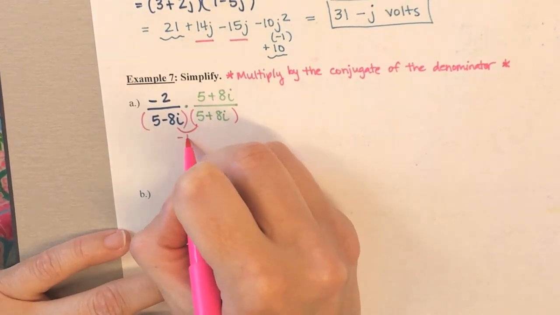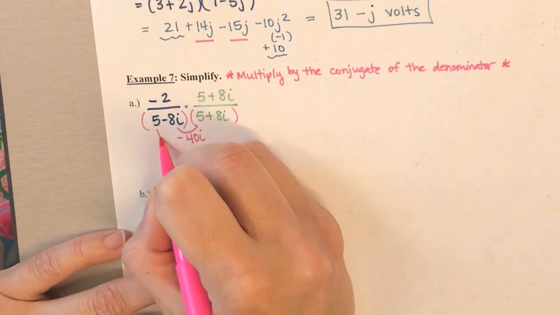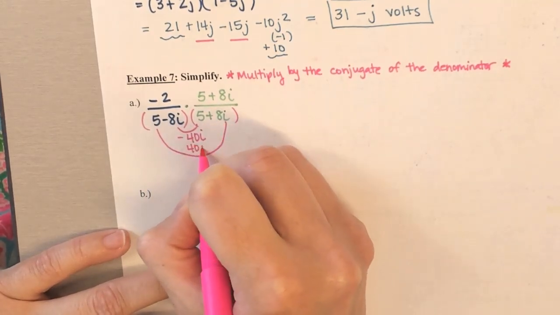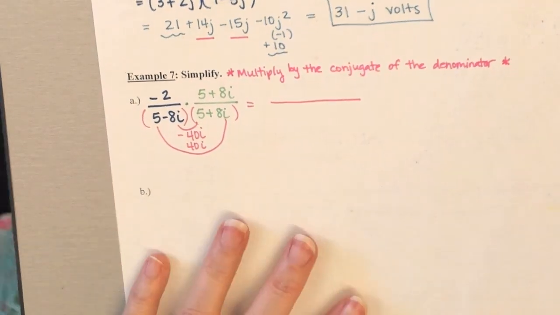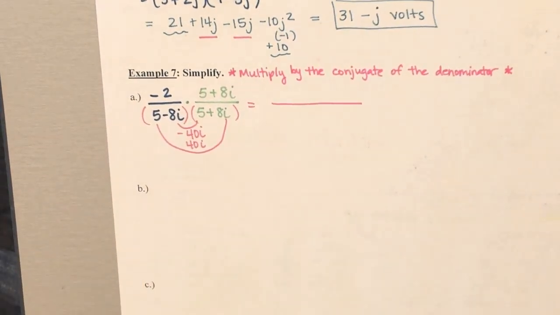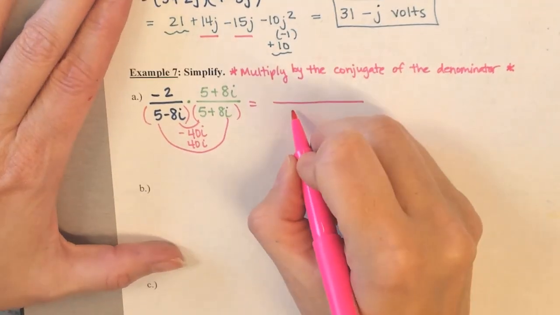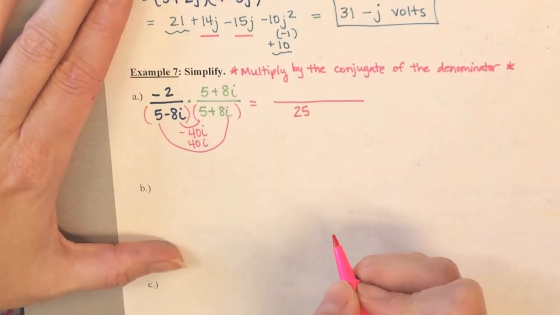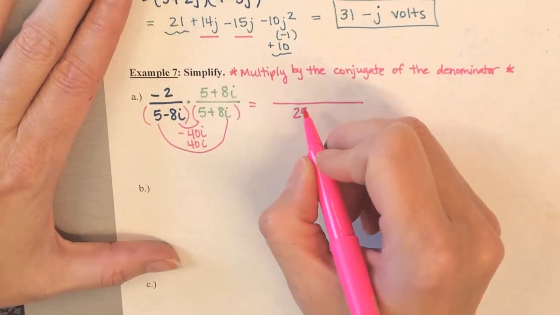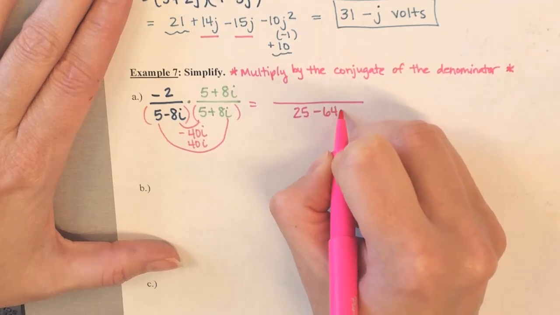And the inside I have negative 40i. On the outside I have 40i. So are those going to add to make 0? Yes. So let's do the bottom together first. So 5 times 5 is 25. We just saw that those two canceled out. Negative 8 times 8 is negative 64i squared.